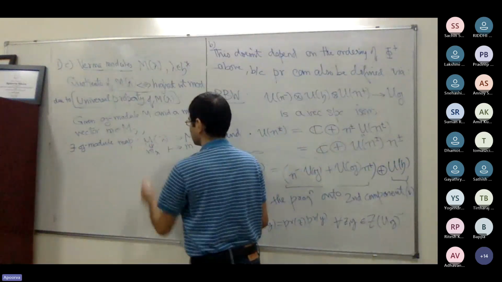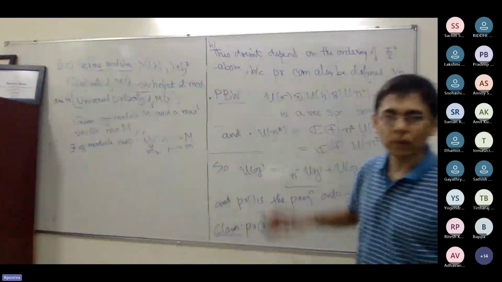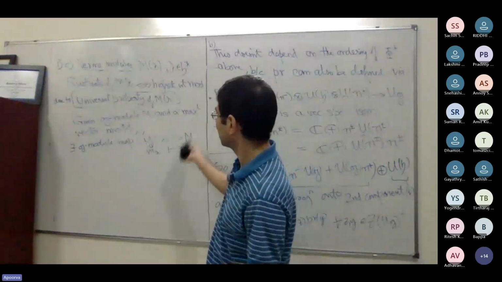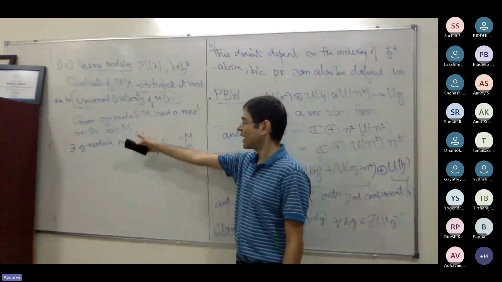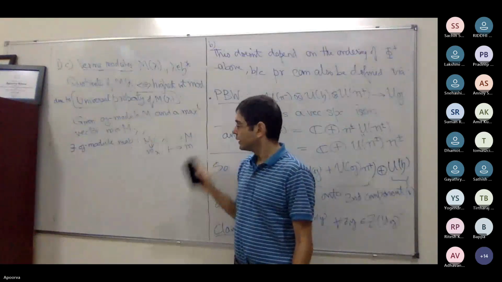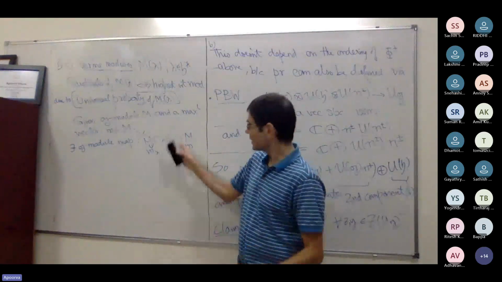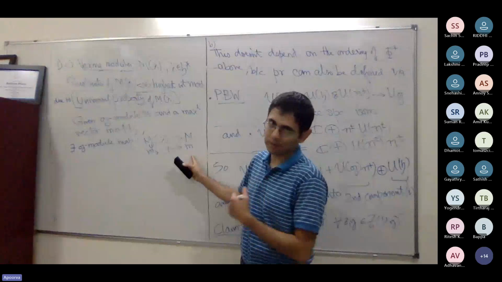I'm not defining it again. So this is the universal property of Verma modules: the moment you have a maximal vector in any module, there is a G module map from the Verma module, surjecting onto the submodule generated by that maximal vector.